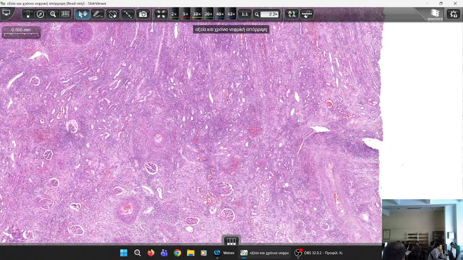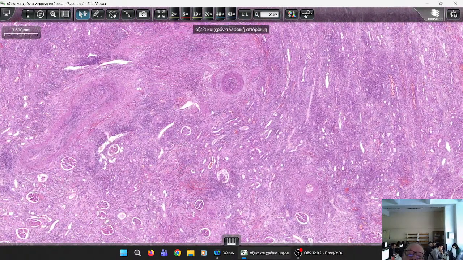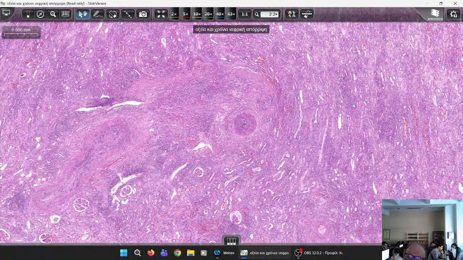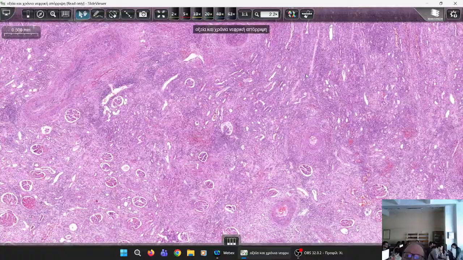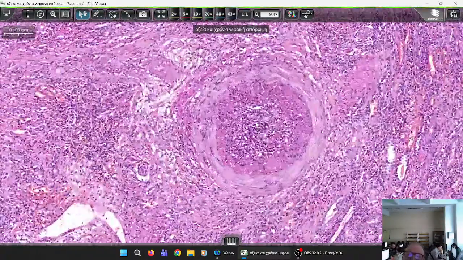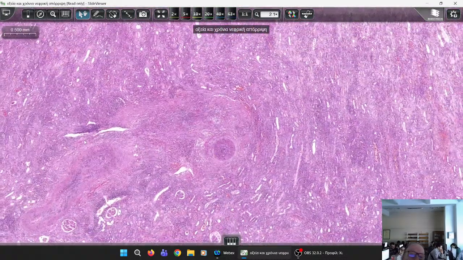This is humoral rejection, which is quite severe. This is cellular rejection, but I'm not so sure that the transplant would be okay, because it has a severe vascular type of rejection. This is vasculitis.